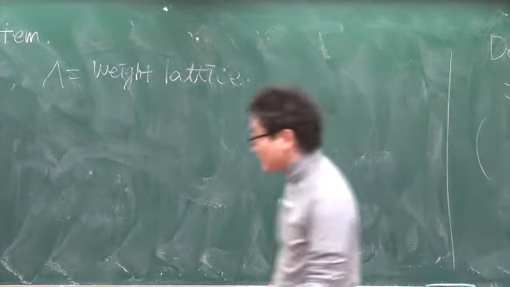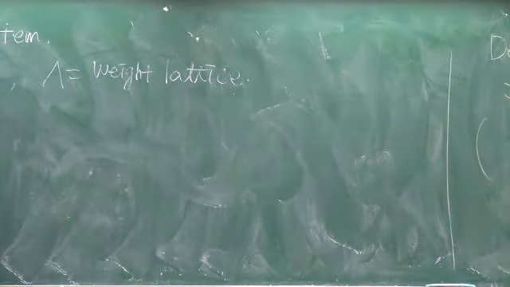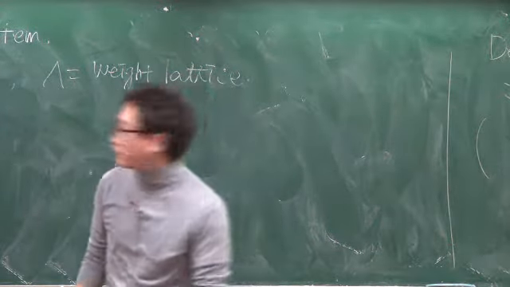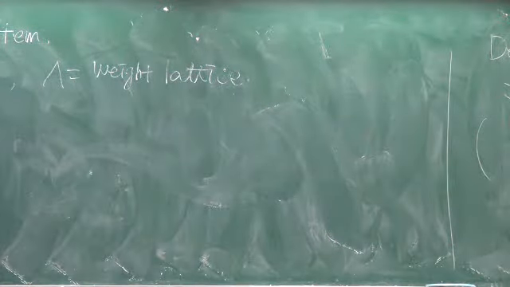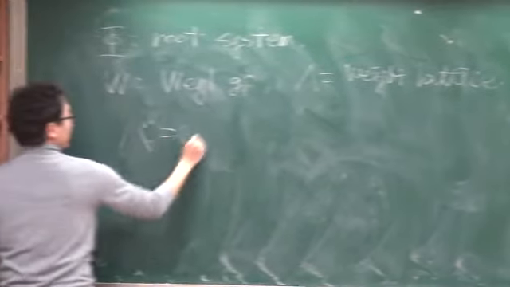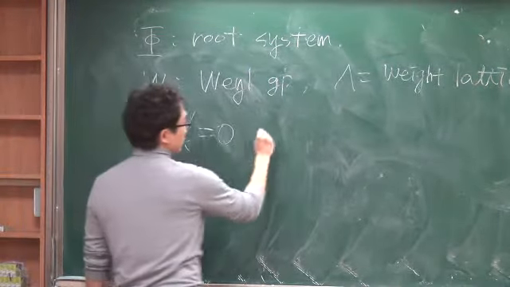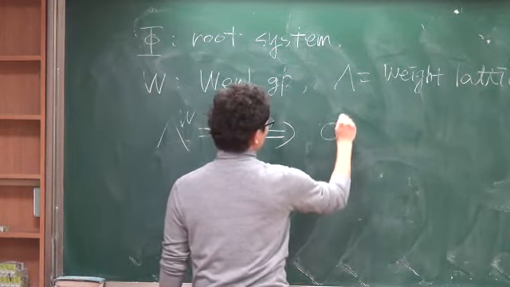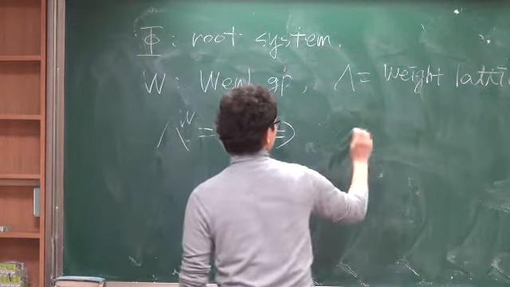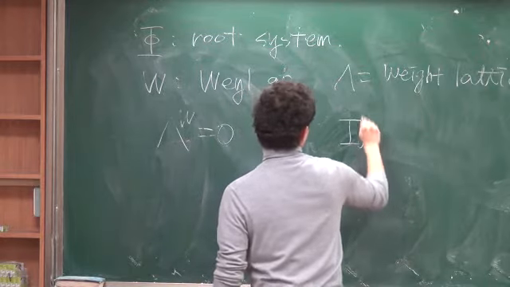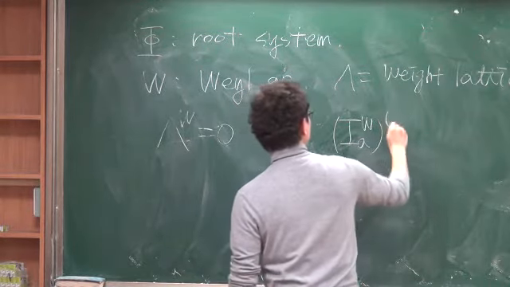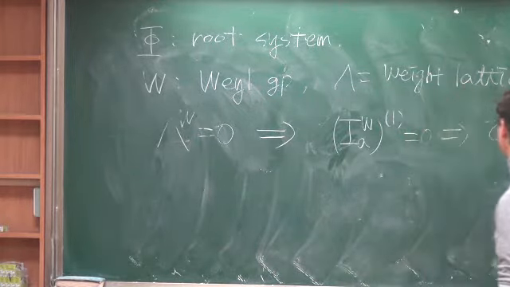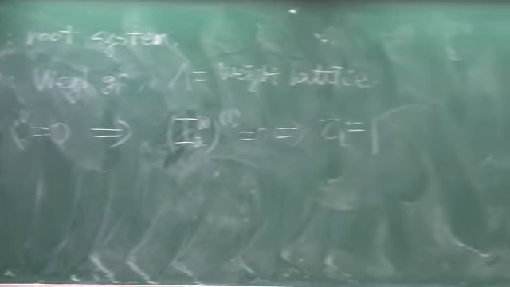In this case, it's known that there is no W-invariant linear form. That means the W-invariant linear form is 0, so the W-invariant part of degree 1 is 0. That implies that tau 1 is 1 as well.